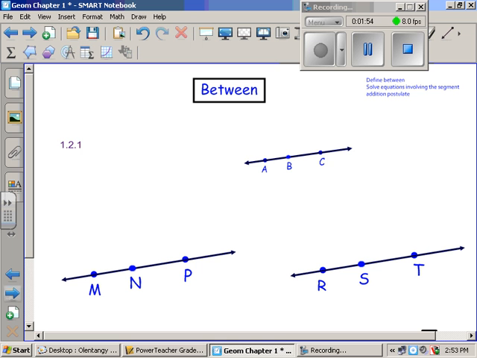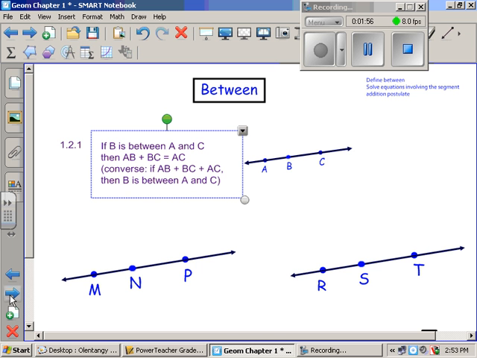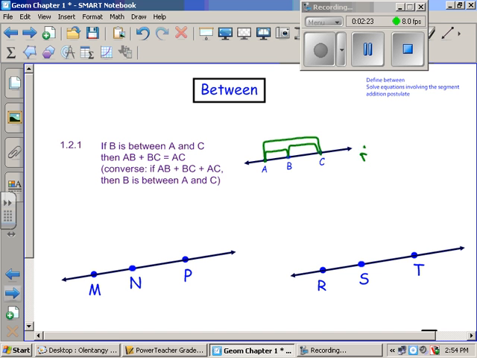Okay, so we're going to talk about the betweens principle. We talked about that, remember, on your preview questions, like what is between? Well, in mathematics, we say if AB plus BC is equal to AC, then B must be between A and C. Because think about if B were over here, then AB plus BC would not equal AC, for sure, because it's way too long.